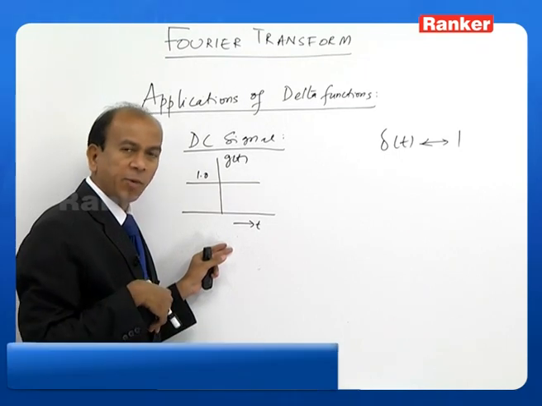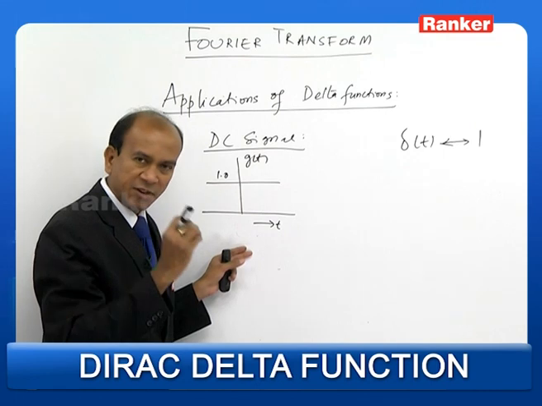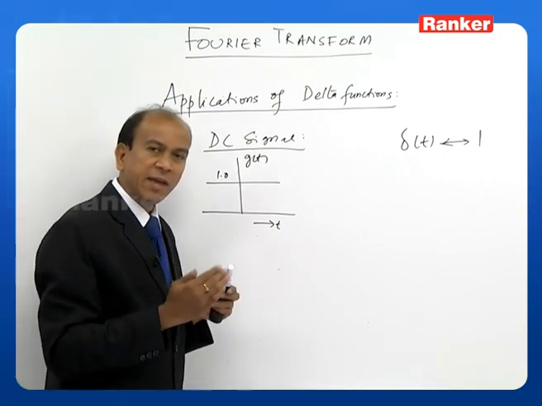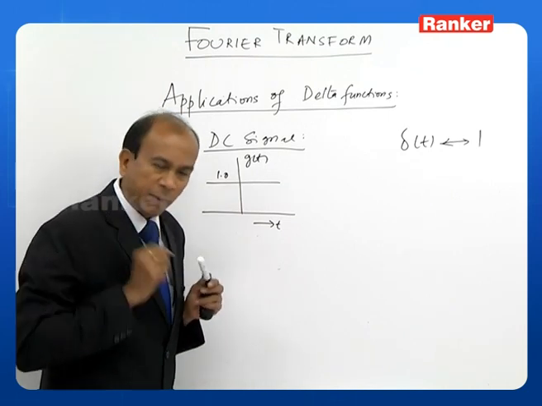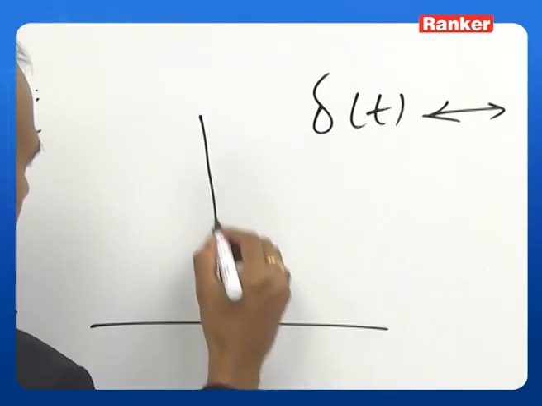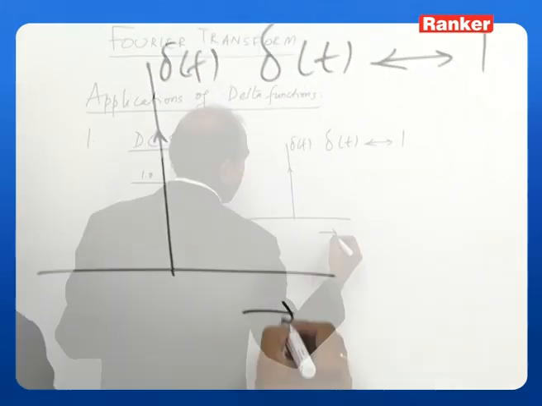So, apply the duality property, knowing the fact that the delta function is an even function. What will be the Fourier transform of this? The Fourier transform will be a delta function in the frequency domain. So, I will get a delta function here. This is my delta f and this is the frequency spectrum.